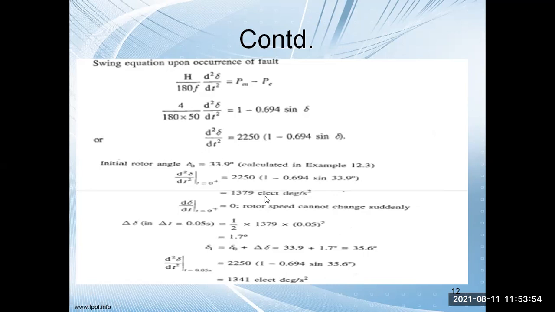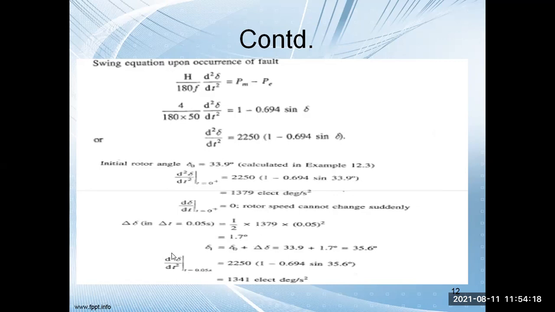Alpha is 1379 and t is 0.05, so that is equal to 1.7. Now delta 1 will be equal to delta 0 plus delta delta. Delta 0 is 33.9, and delta delta we have calculated as 1.7, so it is 35.6.